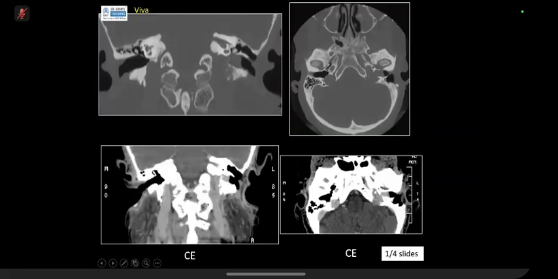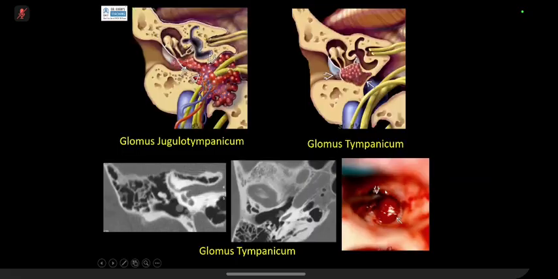So here, if you see this case, there is a soft tissue tumor extending into the middle ear cavity, non-specific. When you give contrast, you can see everything is enhancing. So these are extremely enhancing tumors. These pictures tell you everything.